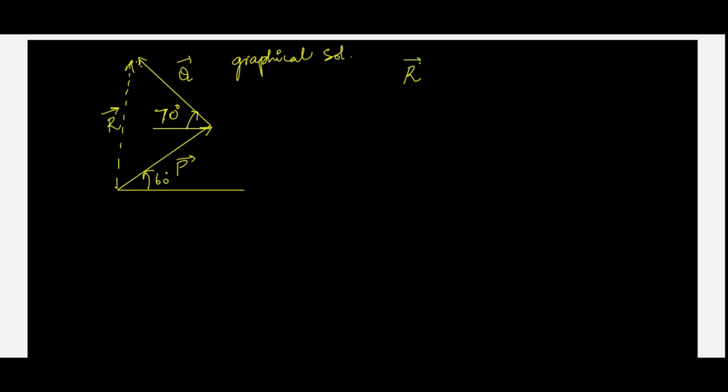So we have our resultant R as minus 6.3 i cap and 12.8 j cap. How do we specify this completely? You also have to mention the angle made by the vector.